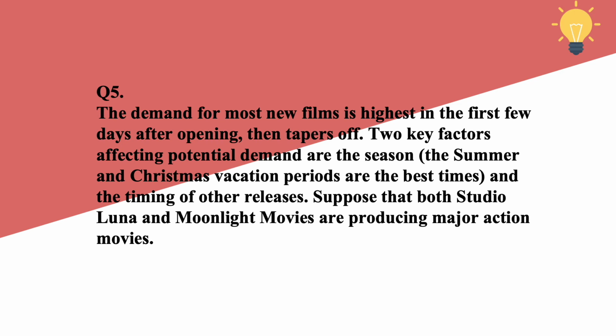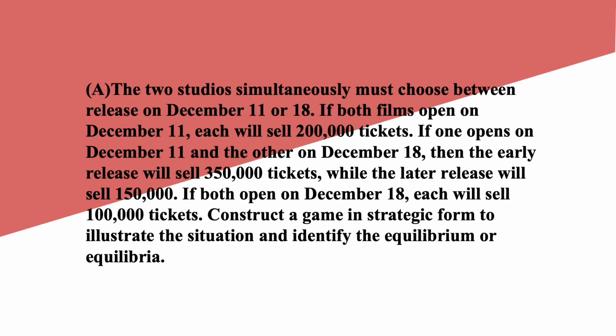Question 5. The demand for most new films is the highest in the first few days after opening, then tapers off. Two key factors affecting potential demands are the season and the timing of other releases. Suppose that both Studio Luna and Moonlight Movies are producing major action movies. The two studios simultaneously must choose between release on December 11th and 18th.